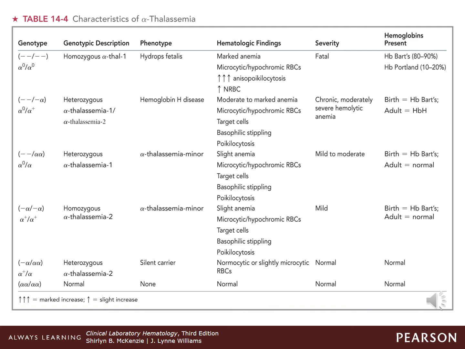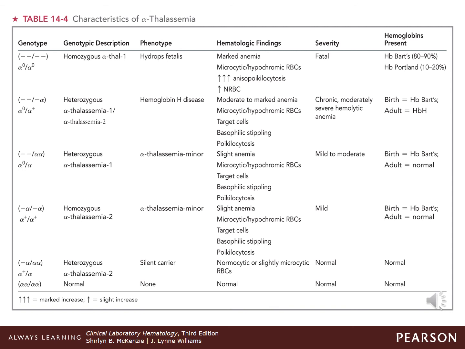Out of the 4 alpha chains you could have, this patient only has 1 genetically. And again, this is a moderate to marked anemia. You're going to find a lot of things in the peripheral smear leading towards more abnormal red cell morphology. And here you have a chronic, severe hemolytic anemia. Patients need chronic transfusions throughout their life.